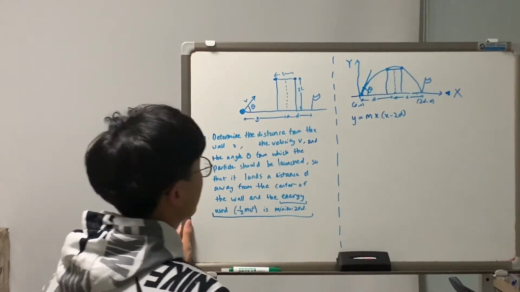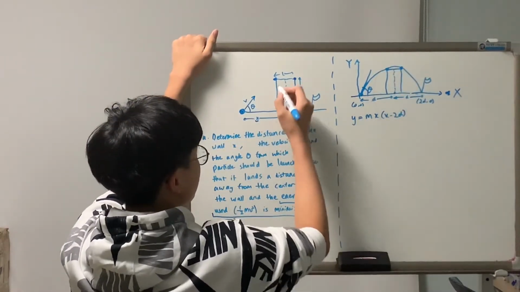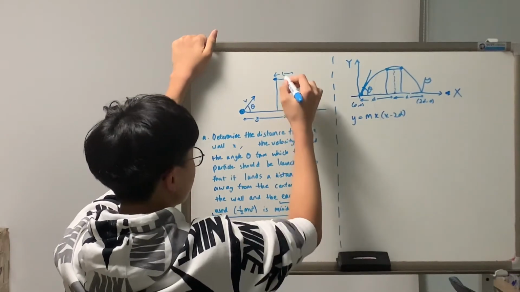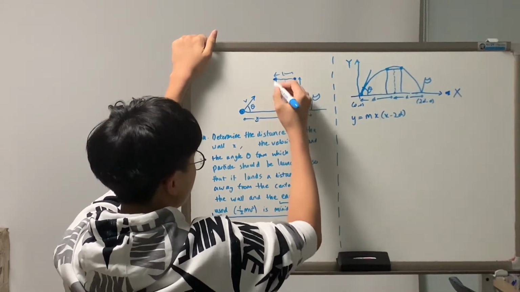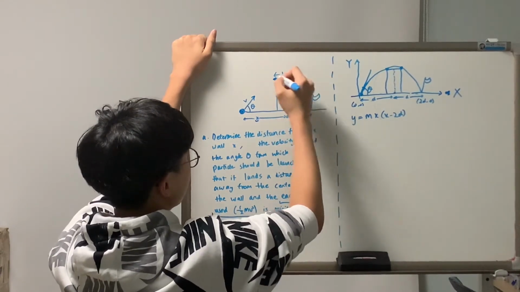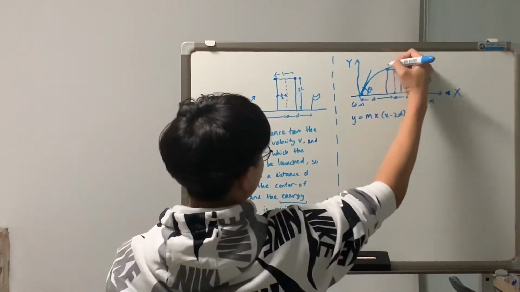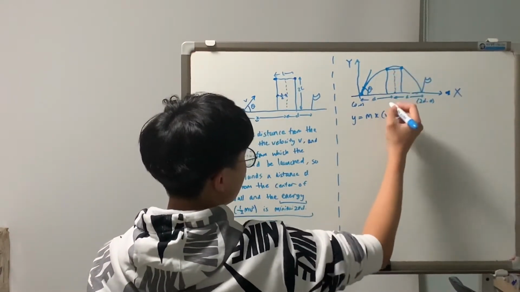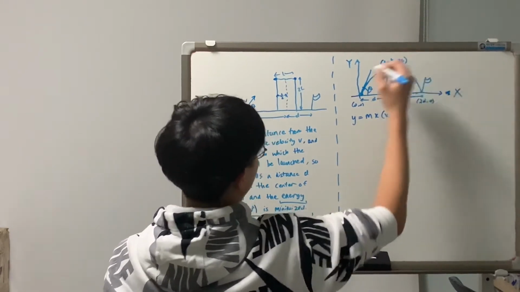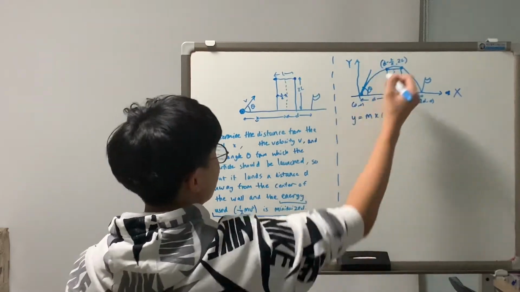Okay, and let's plot in some coordinates. From this we could see that the distance from the center of the wall to the edge would be L divided by 2, because the entire length of the wall is L. And so this point over here would be d minus L over 2, with height 2L, because the height is 2L over here.